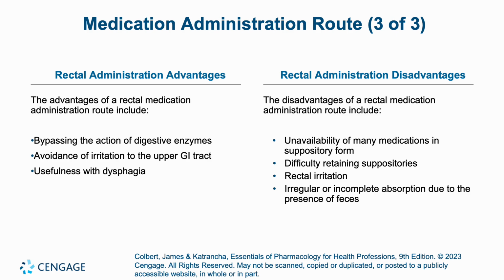Disadvantages include unavailability of many medications in suppository form. So there's just a very limited amount of medications we can choose from in this form. Difficulty retaining suppositories. In order for a rectal medication to work, the suppository is placed in the rectum and the patient is instructed to hold it in place.